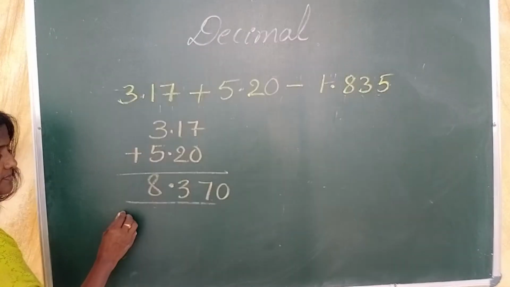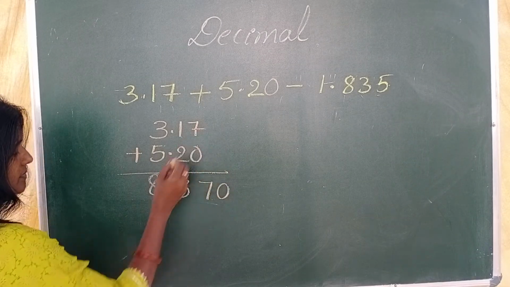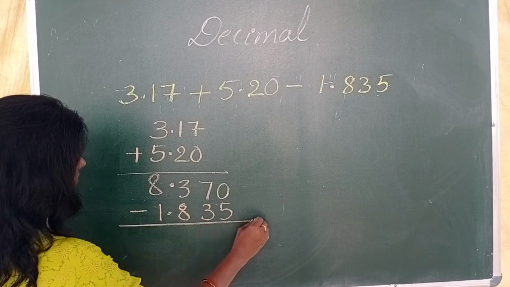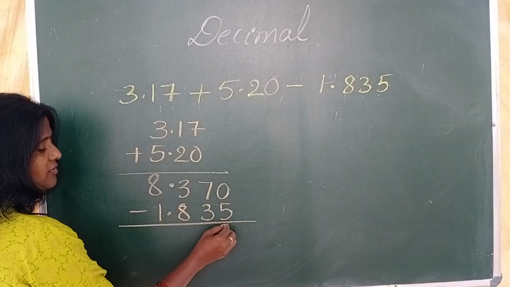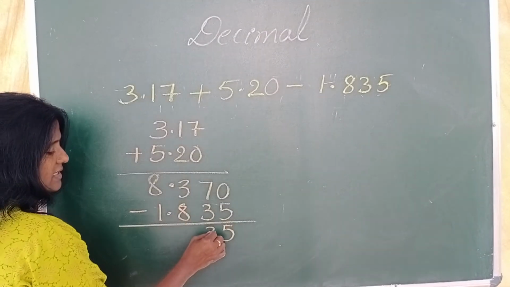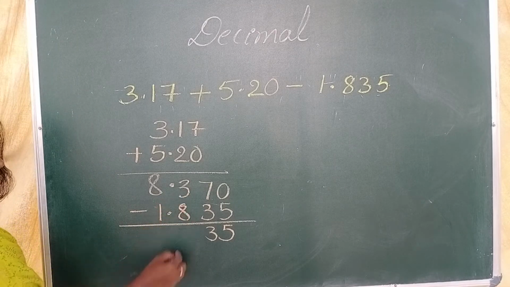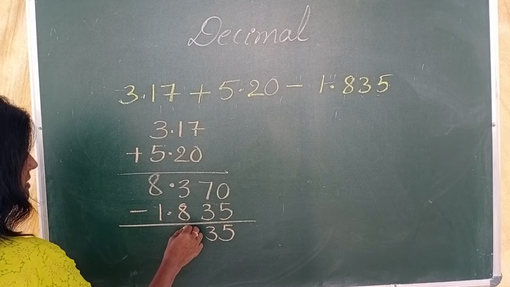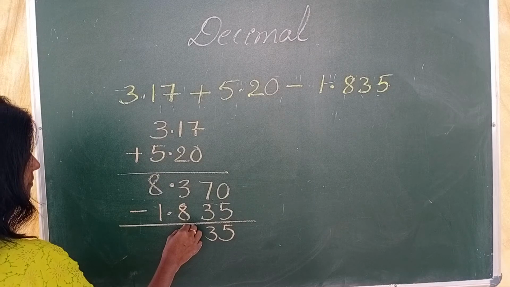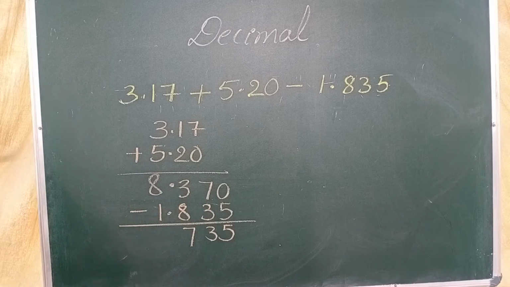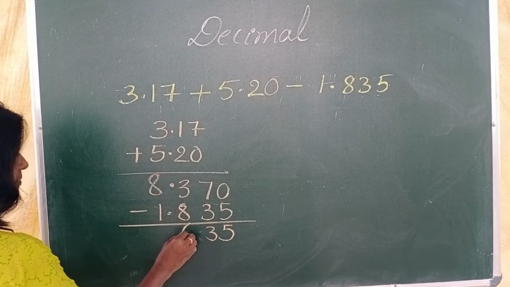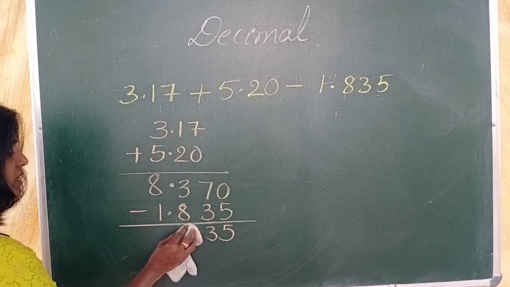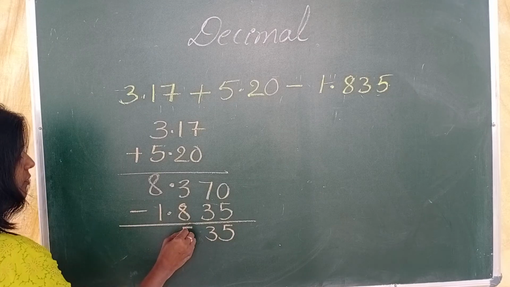Now subtract this: 8.370 minus 1.835. 10 minus 5, 5. 6 minus 3, 3. 13 minus 8, how much? 13 minus 8, 5. Sorry, I'm sorry, 5.